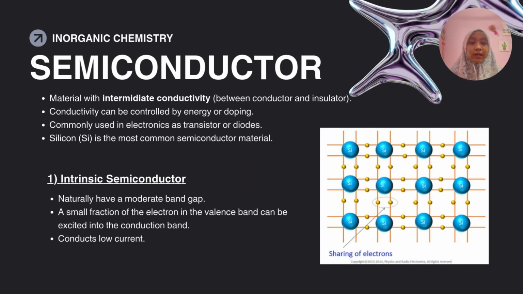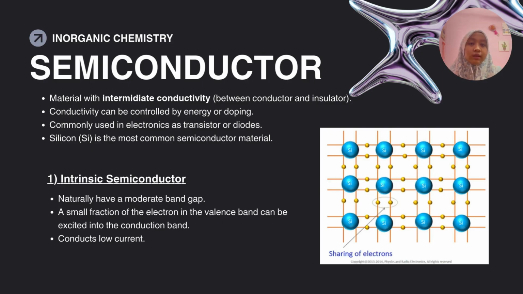Next, semiconductor. A semiconductor is a material with intermediate conductivity between a conductor and an insulator. Conductivity can be controlled by energy or doping. It is commonly used in electronics as transistors or diodes. We have 2 types of semiconductor.